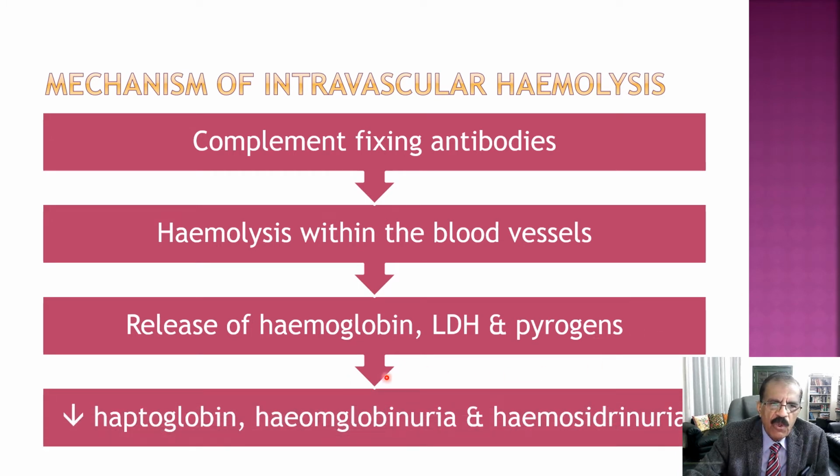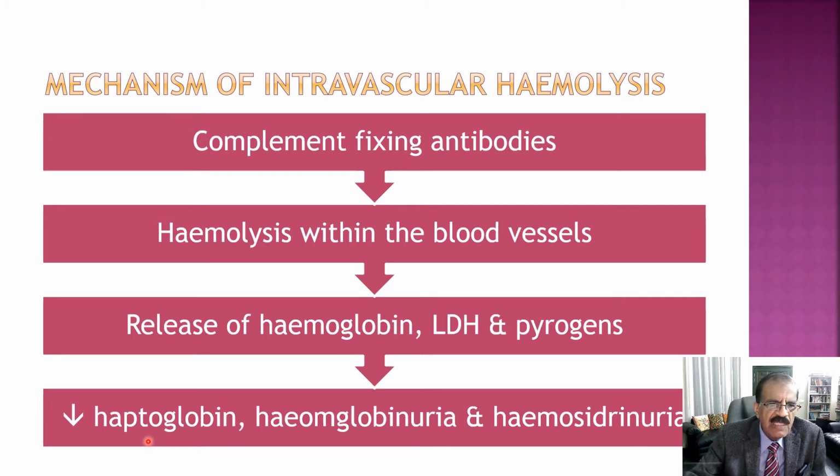Then this extra hemoglobin could be toxic. Nature has made a very good system of scavenging this hemoglobin by binding it to haptoglobin. Haptoglobin is a protein produced by the liver and it is present in our plasma. It will bind to freely circulating hemoglobin, and then this macromolecule consisting of haptoglobin and hemoglobin will be cleared by macrophages.